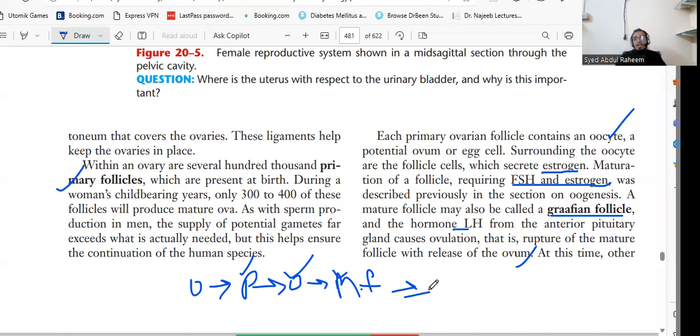So we need LH, luteinizing hormone, which is also secreted by the pituitary gland.